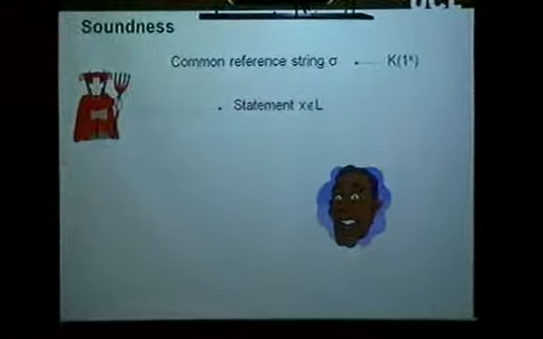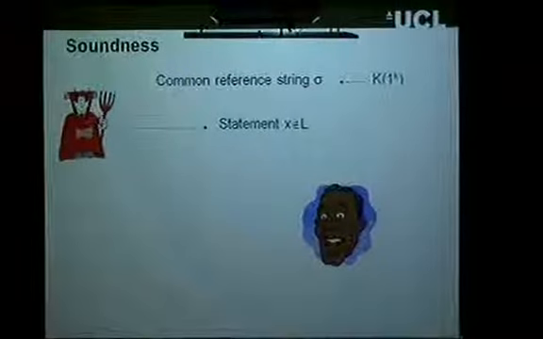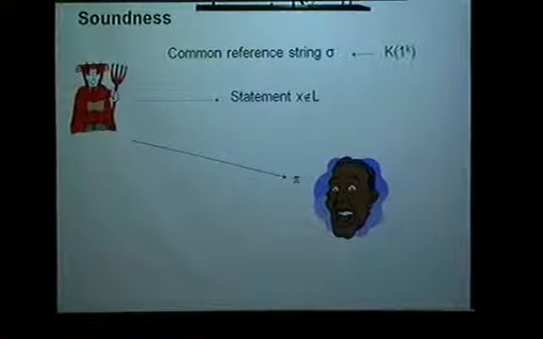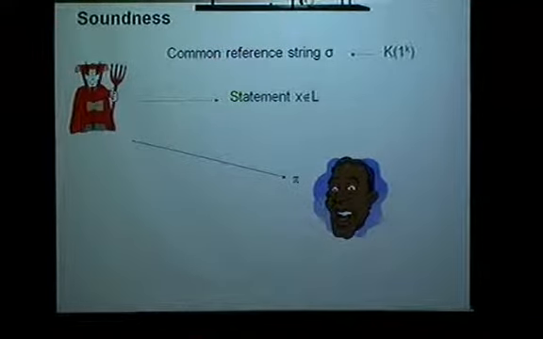Okay, so the second property we want is soundness. So again, we generate a common reference string. And this time the adversary comes up with a statement that's false. And the adversary also tries to come up simultaneously with a proof that will convince the verifier. So again, the verifier accepts or rejects.